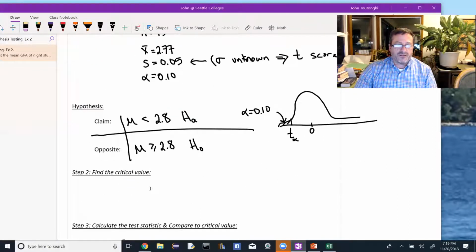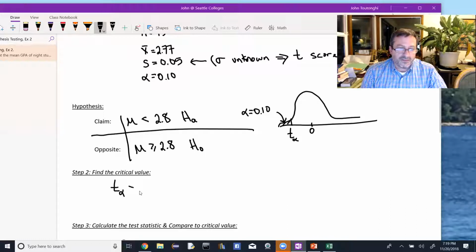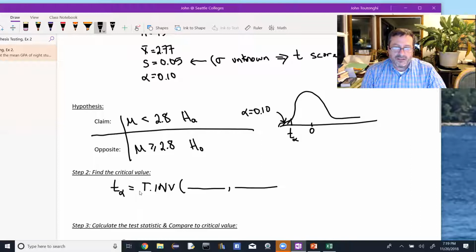So we're going to scroll down, and we're going to find t alpha using Excel. t alpha is going to be given by T.INV, because we know the area to the left, and it's going to want to know a couple of things here. It's going to want to know the area to the left and the degrees of freedom.